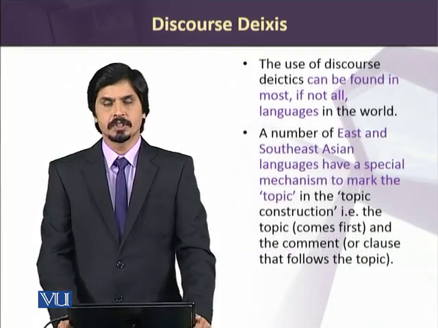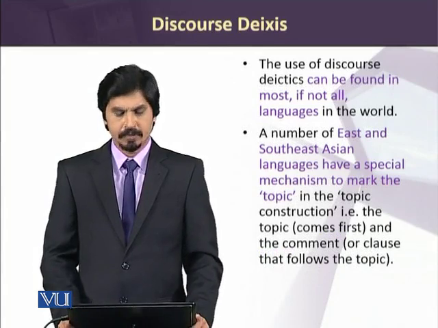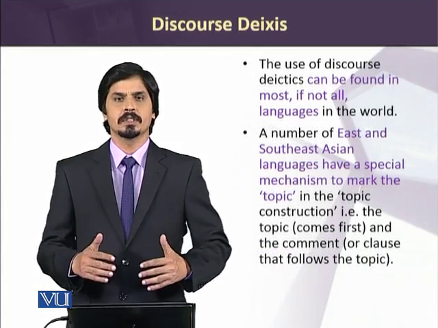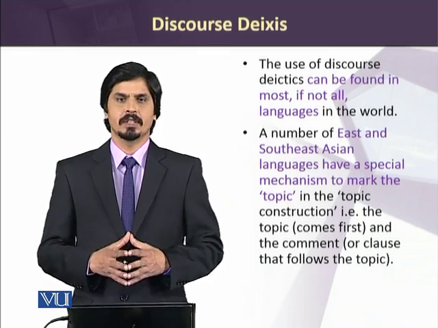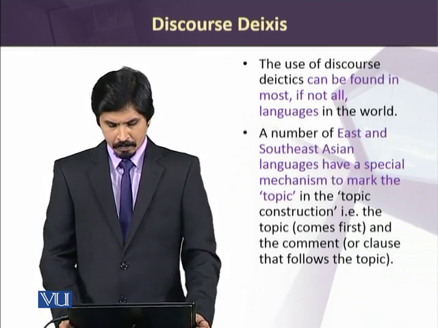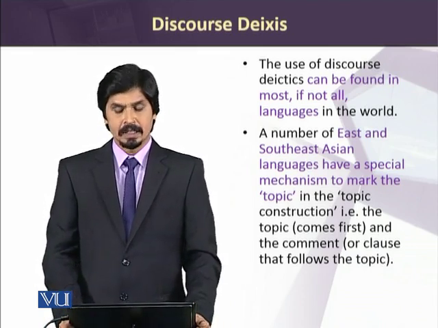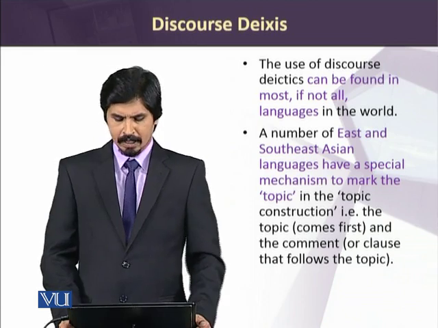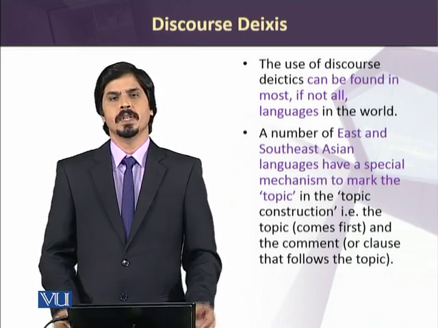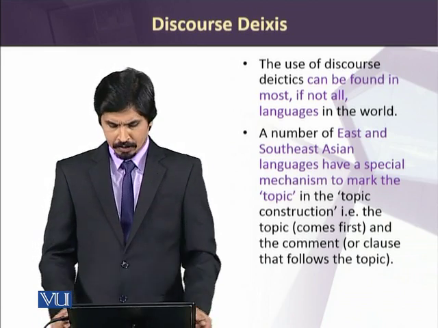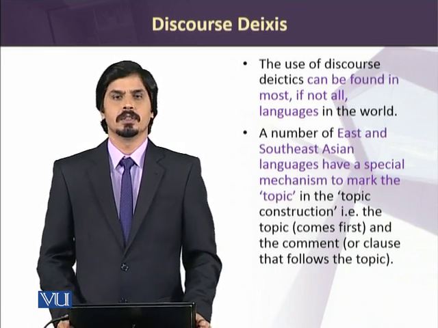The use of discourse deixis can be found in most, if not all, languages in the world. They are there because all languages develop certain discourse, so they are available in all languages. A number of East and Southeast Asian languages have a special mechanism to mark the topic, and after the topic, the subsequent information or clause follows.